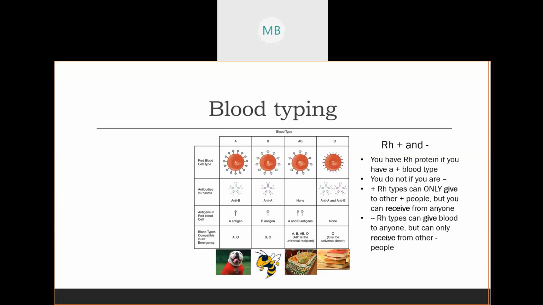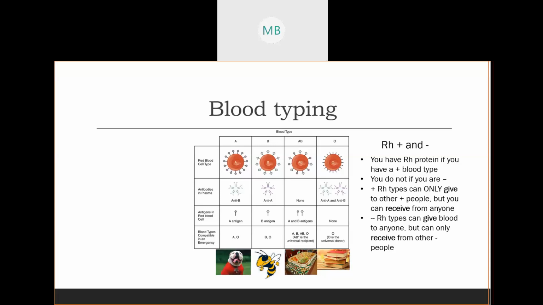On the flip side of things, if you are a negative blood type, you can give blood to anybody because that just means you're lacking this protein. There's nothing for the immune system to attack, so you can give blood to anybody if you are a negative blood type.